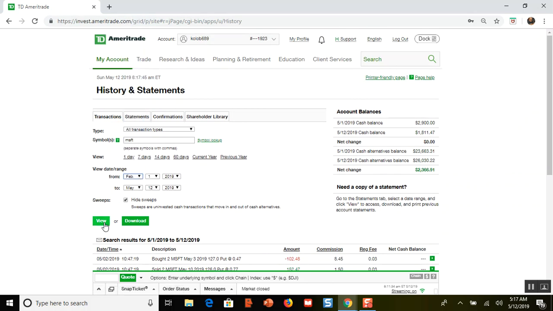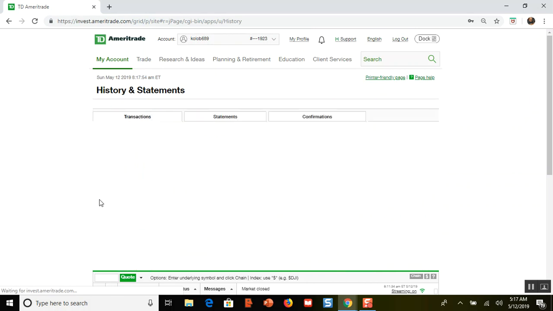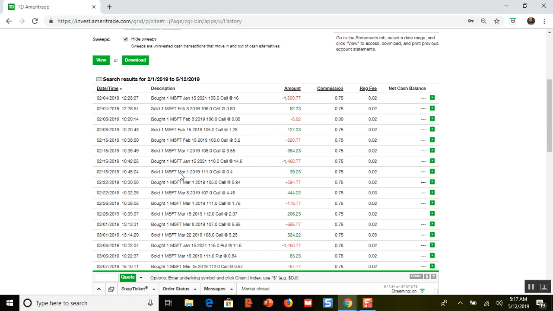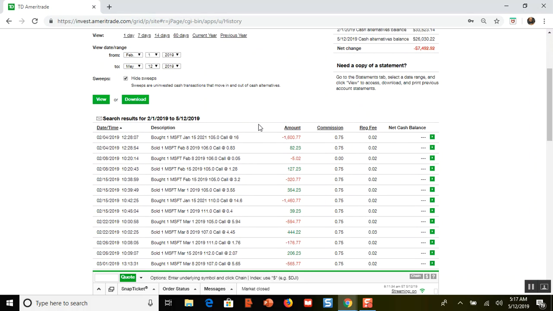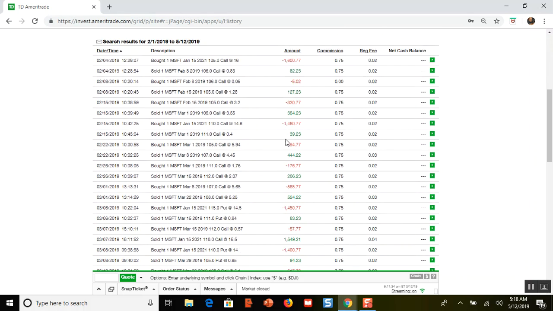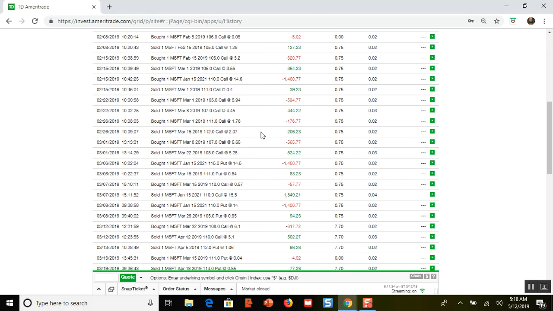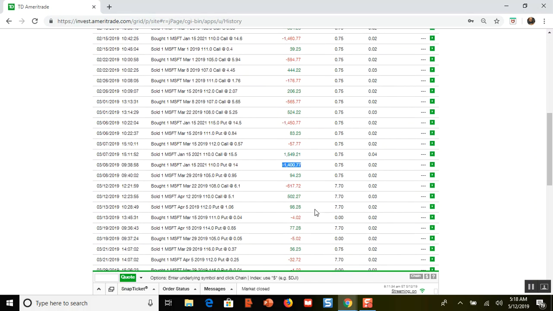It would have been in February, and here it is right there. I started out with a 105, and then I eventually bought to open two put options. I bought to open this 115 put, and then a 110 put. The 115 put cost me $1,450 and the 110 cost me $1,400.